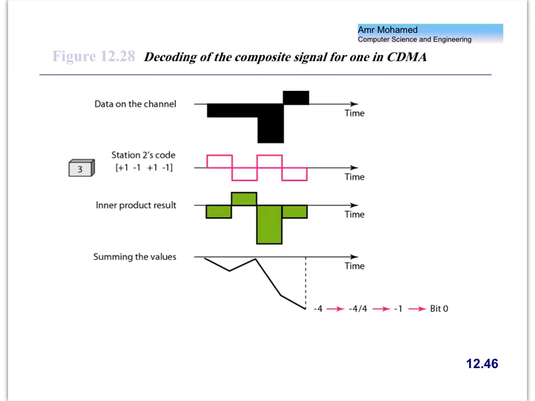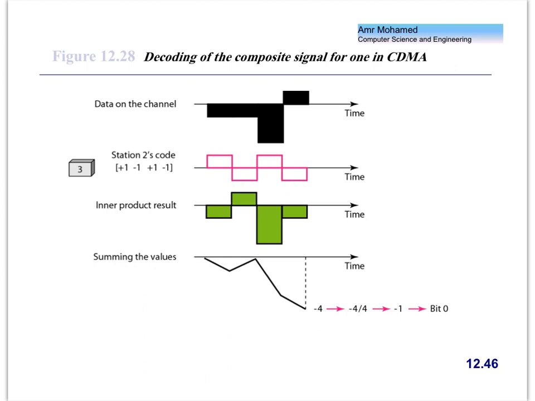Then if any of these stations, or even station number 5, wants to receive data from station 2, say station 3 wants to receive data from station 2, it needs to use the code from station 2, which is 1, 1, 1 minus 1, 1 minus 1.